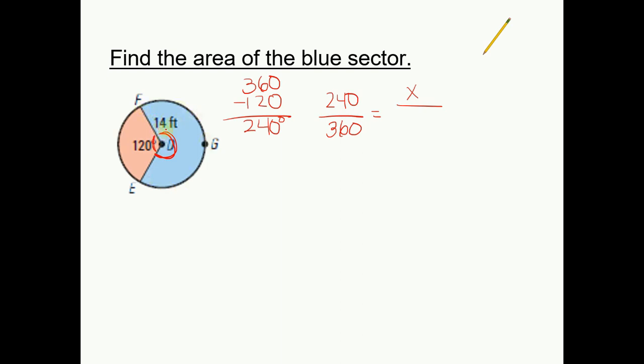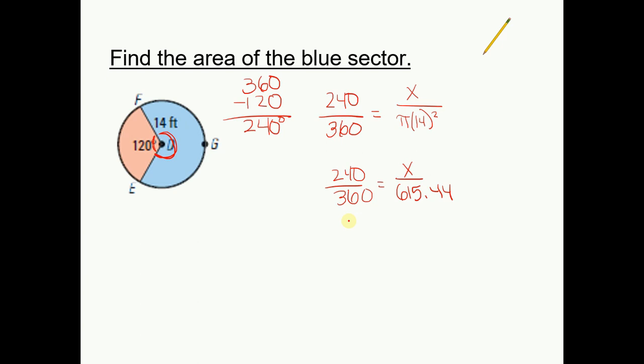Well, it looks like our radius is 14 feet, so I can go pi times 14 squared. So let's go ahead and figure out what that is here quick. I got 240 over 360 equals x over pi times 14 squared, which is 615.44. Now I need to cross multiply again, so I need to multiply 240 times 615.44.